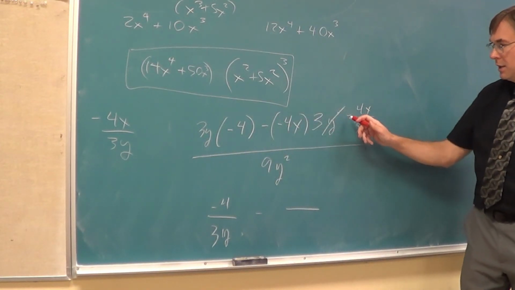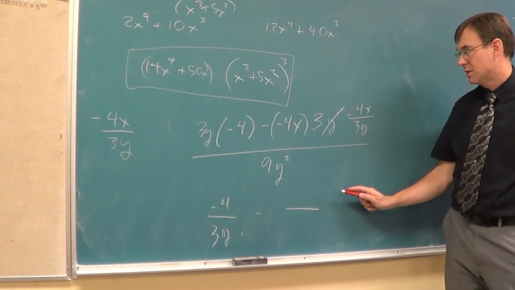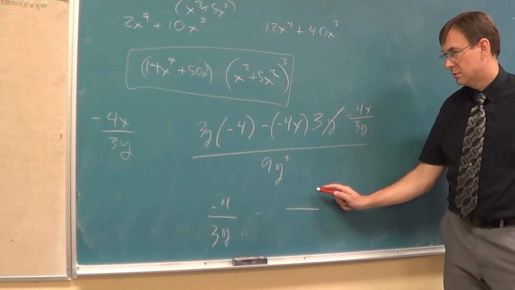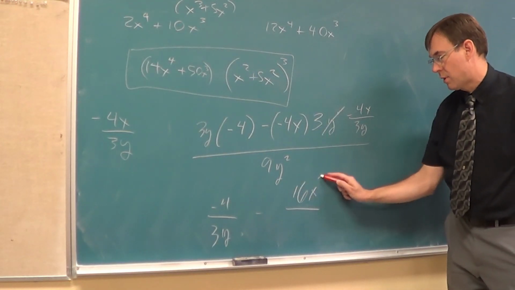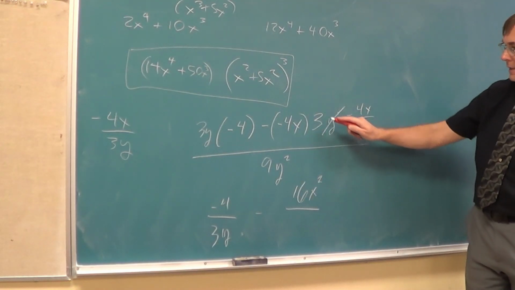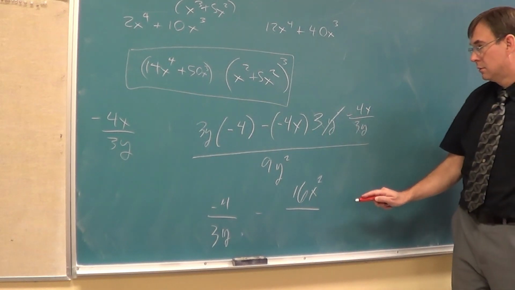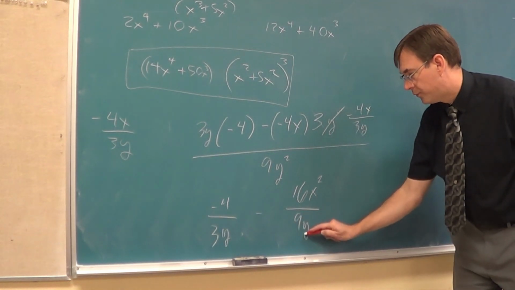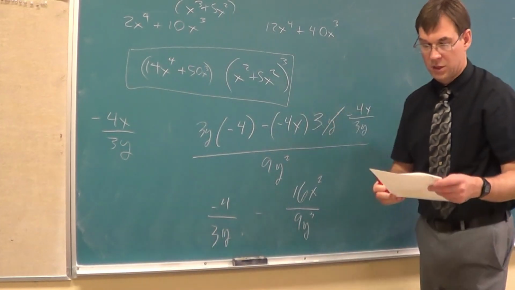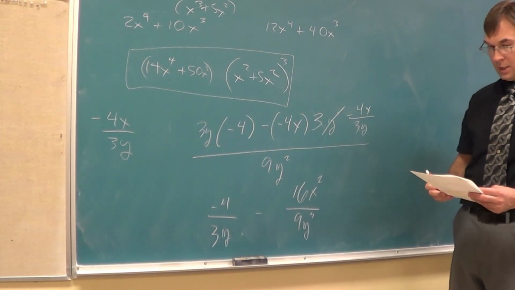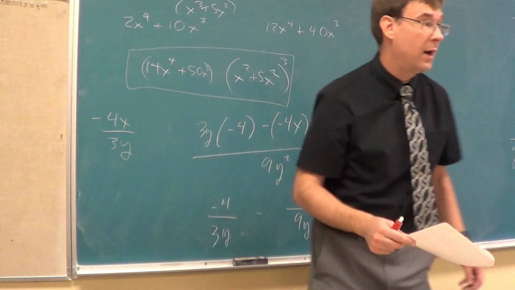Minus, minus, and minus leaves a minus. What's gonna happen with the x's? 16x squared, all on top. On the bottom, 9y cubed. Call that a victory. Make sure that agrees with my paper, and it does. I celebrate.